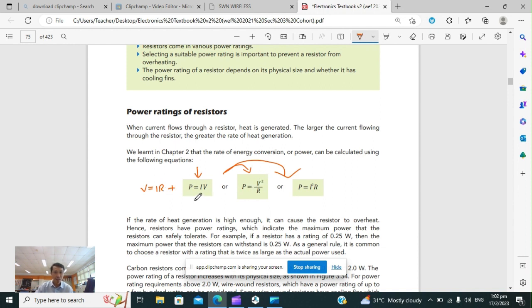How I get this is that, instead of using I, I'm going to substitute the I by V over R. So I is V over R.